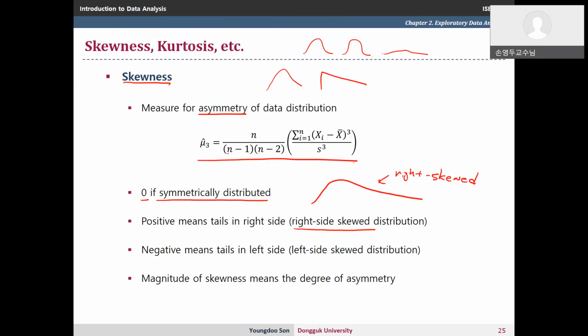And negative skewness means the opposite, of course: left skewed, with a left tail in the distribution.